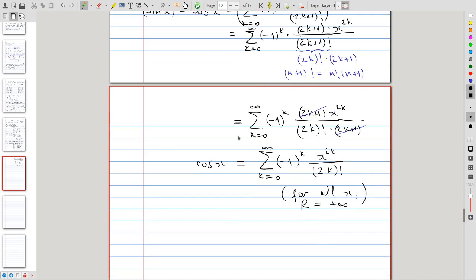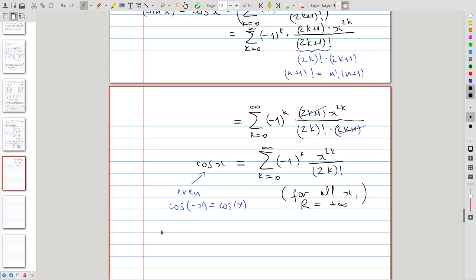Secondly, it is interesting to notice that on the left we have an even function, right? So cosine x is even, meaning that cosine of minus x is the same as cosine x. And indeed on the right we have a power series which only contains even powers of x. So the right hand side is also even.